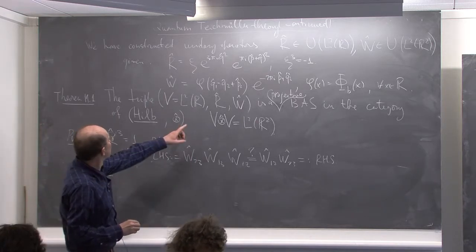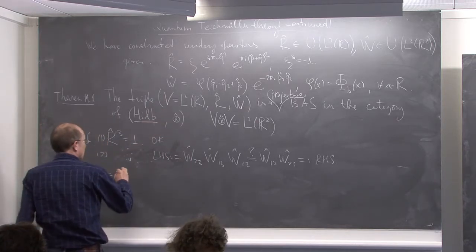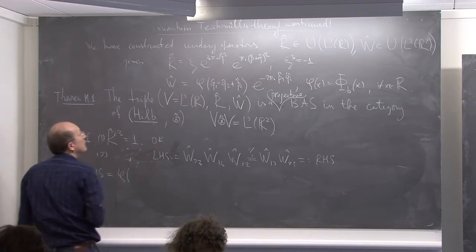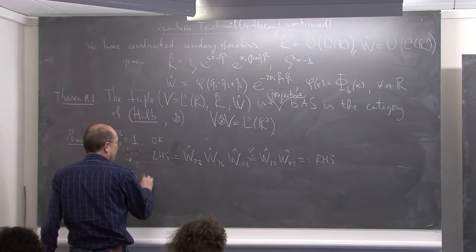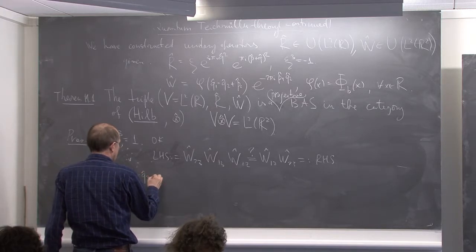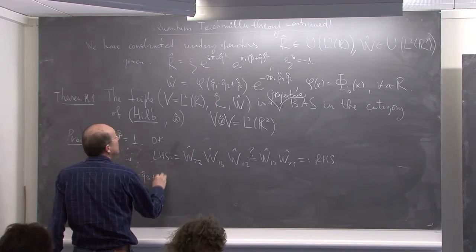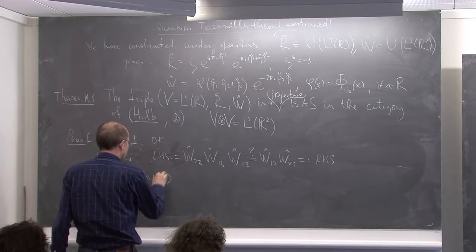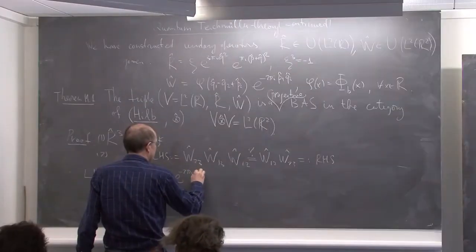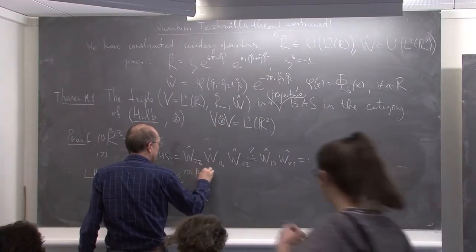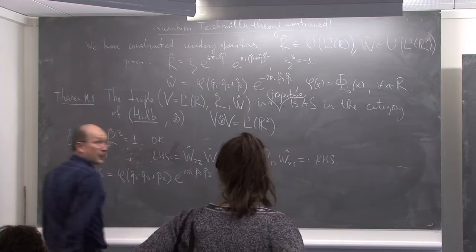Then we substitute the formula. Then we get phi of Q2 minus Q3 plus P3, e^{-2πi P2 Q3}.